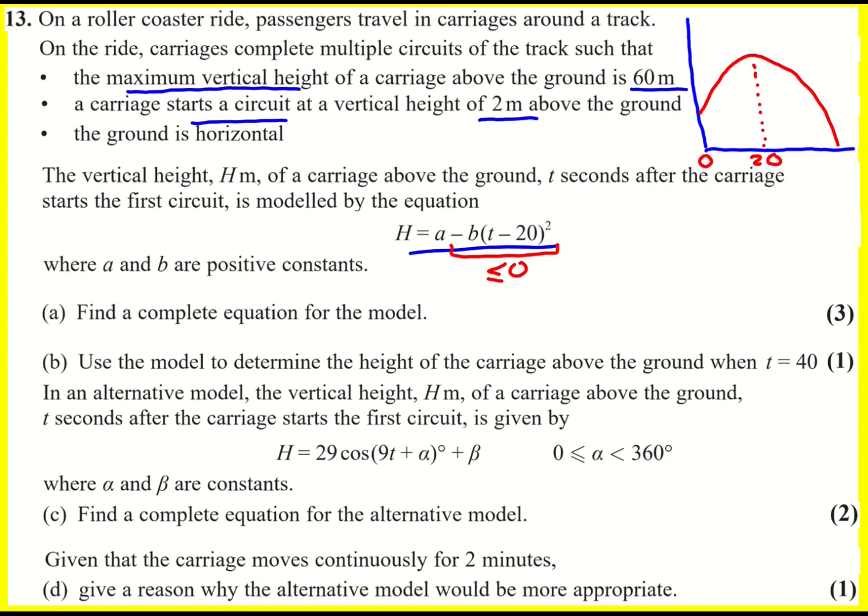So find a complete equation for the model. Actually, we can straight away say that a is going to be 60, because remember I said when this term disappears, we get our maximum, and we're told the maximum is 60, so a is 60. Then for the other part, I'm going to substitute in t equal to 0, because it says t seconds after the carriage starts the first circuit, and it also says a carriage starts the circuit at a vertical height of 2.